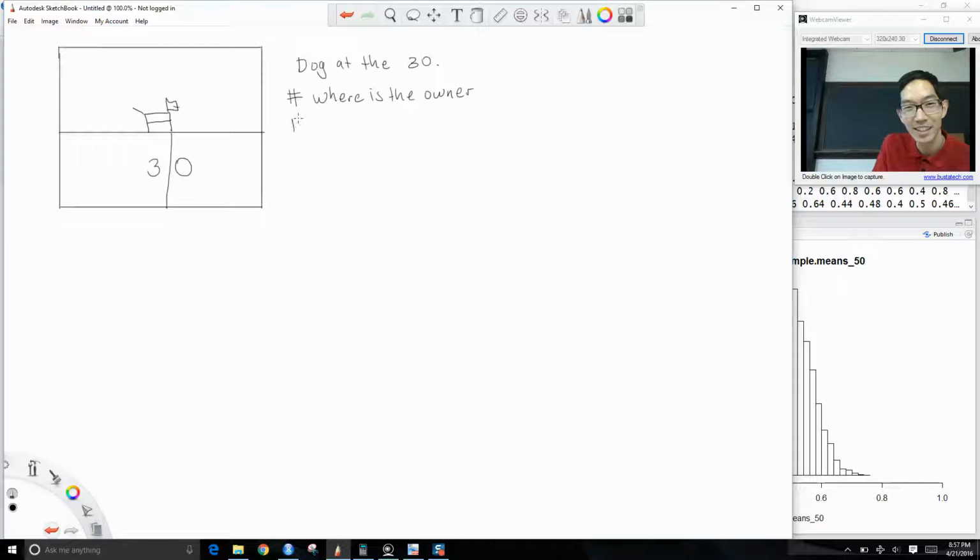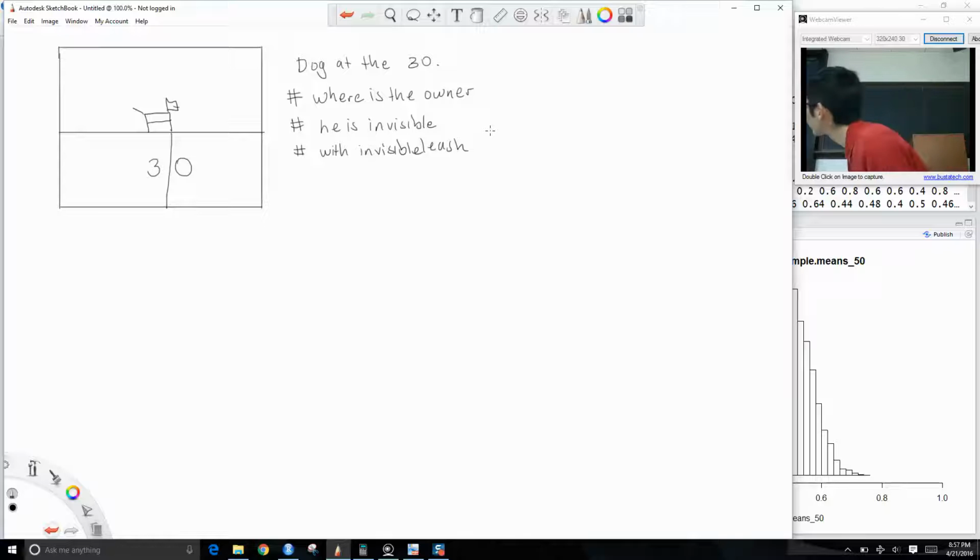And hashtag he is invisible, with an invisible leash. So we have an invisible owner with an invisible leash.